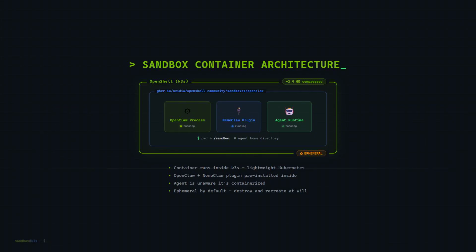And the agent has absolutely no awareness that it's containerized. From its perspective, sandbox is home and the network is just a bit limited. The container is ephemeral by default, which means session state persists in a sandbox across connections, but the container itself can be recreated from the image at any time. So this gives you a clean slate option. If something goes sideways, just destroy and recreate, and the blueprint's plan apply cycle handles that whole process idempotently.